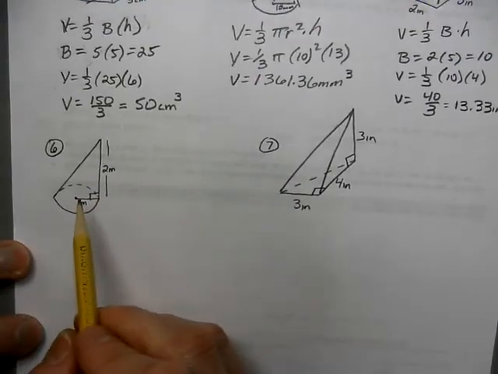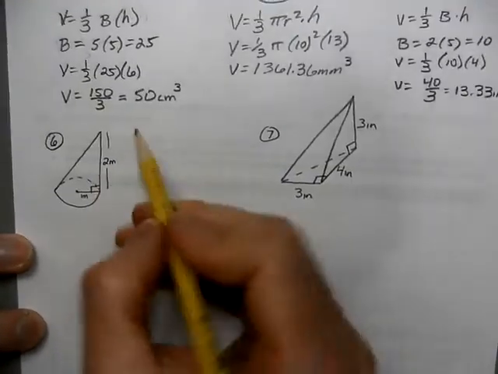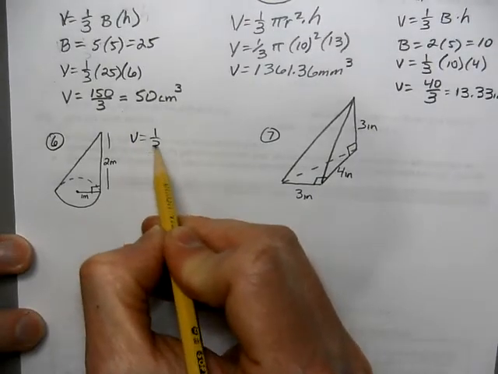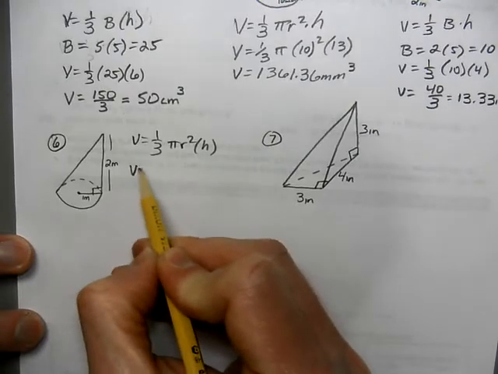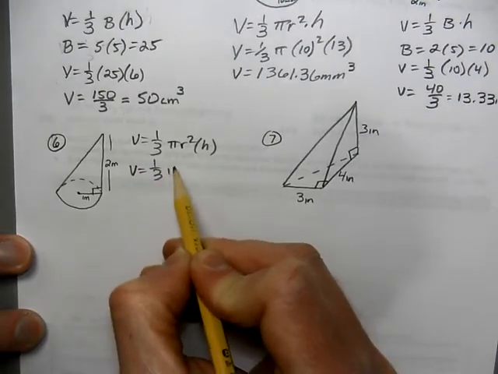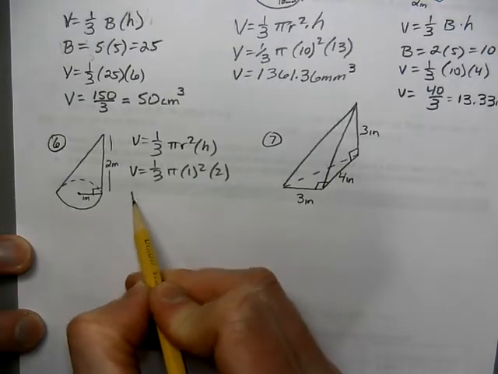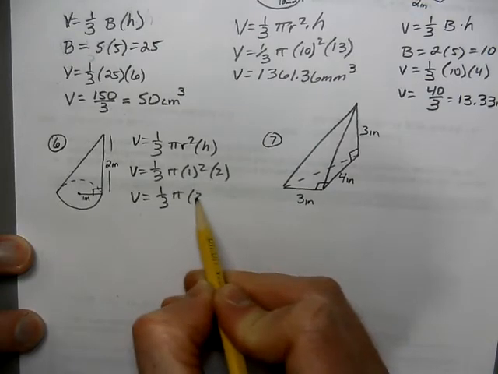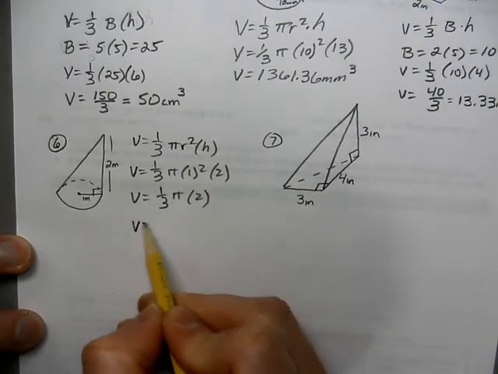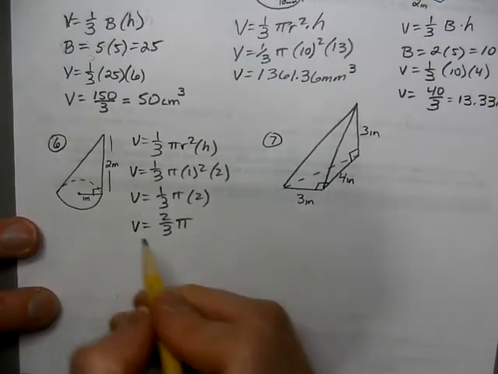So next we're working with an oblique cone, and we're still using the same formula. So the volume equals 1/3 pi times 1 squared times 2. There's your exact answer.